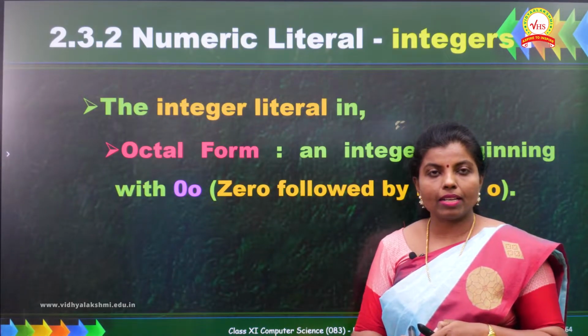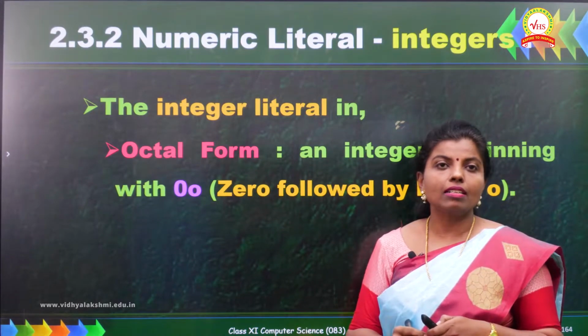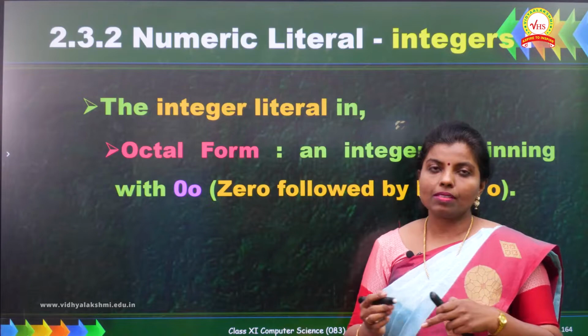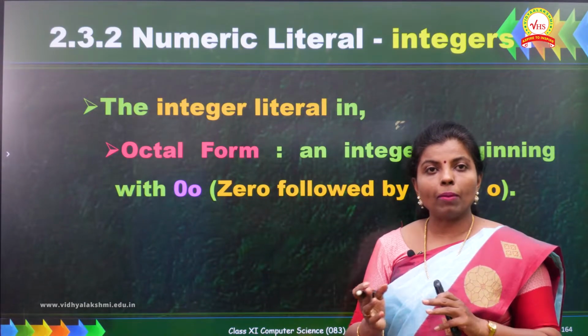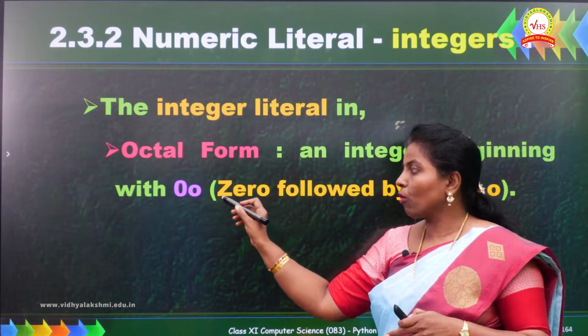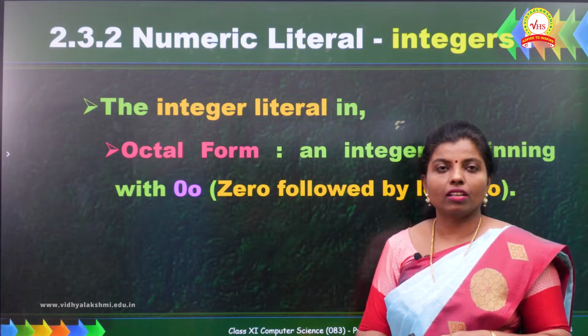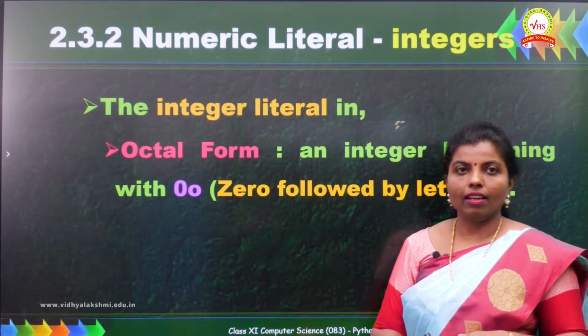The octal number system consists of 8 digits, and the valid digits are 0 to 7.